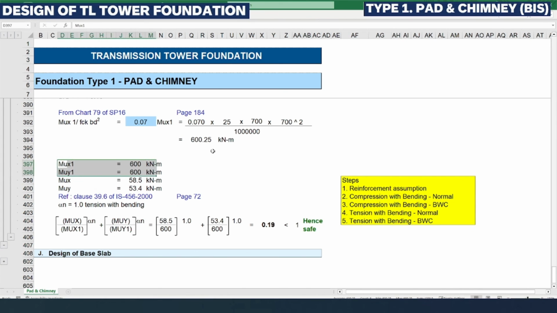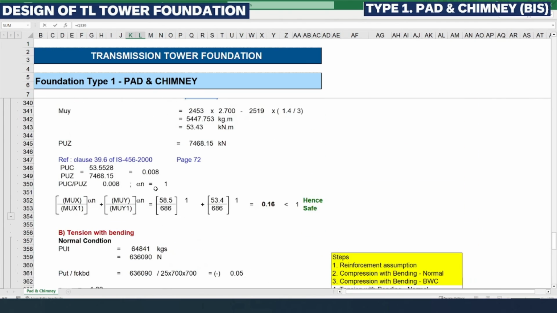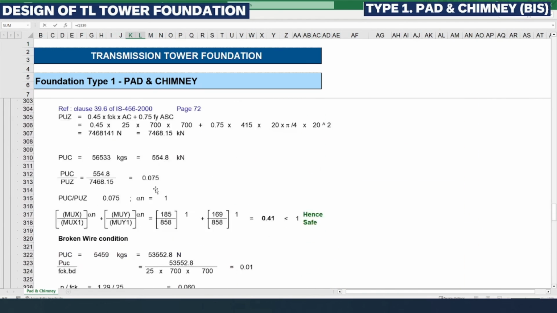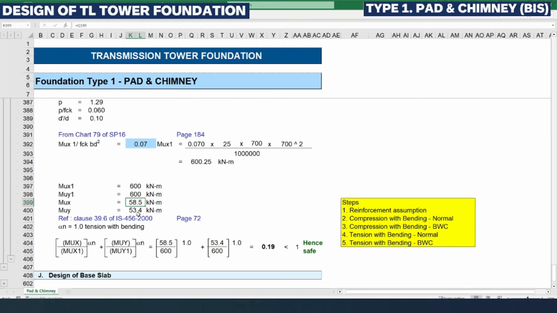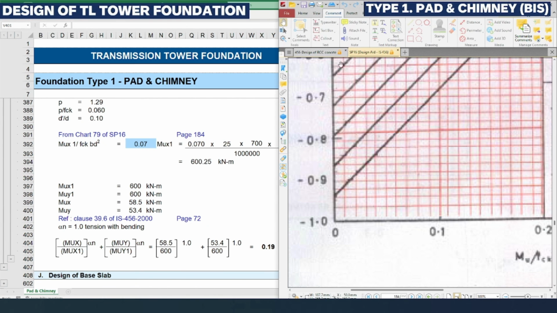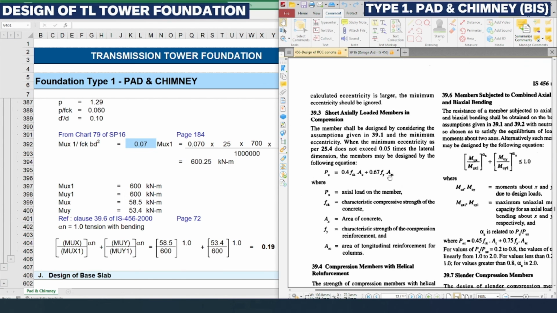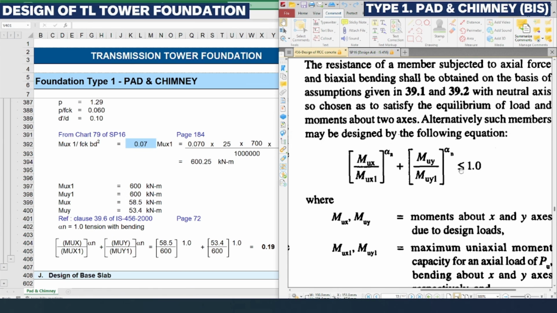We need to consider that the bending moment capacity remains the same, and here as usual that Mux we need to take from the broken wire condition which we had calculated for compression with bending. So this value we need to consider the same, and we are checking those with clause 39.6 of IS 456, page 72, for the interaction factor. So here page 72, which is already showing here.